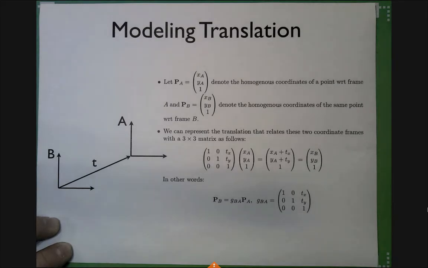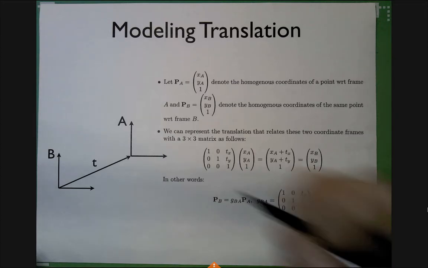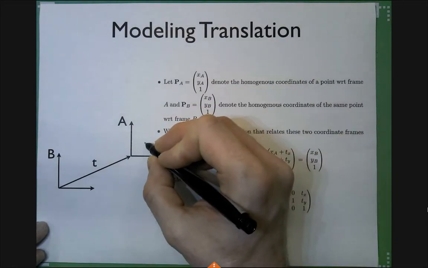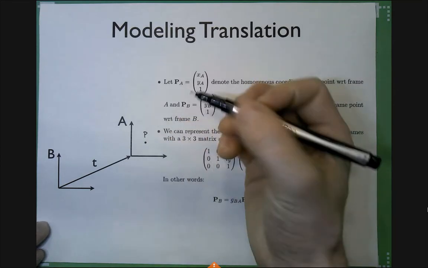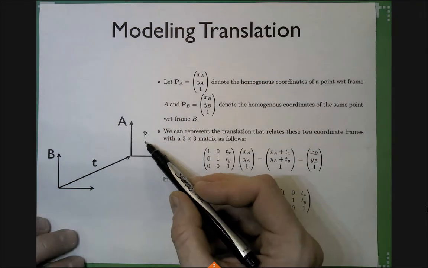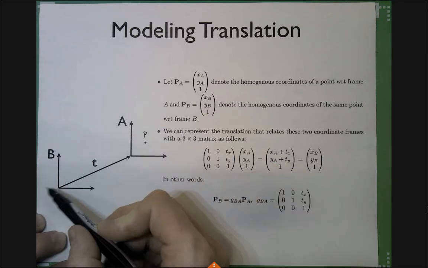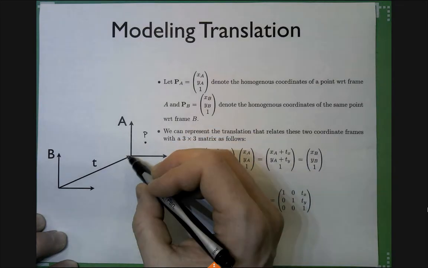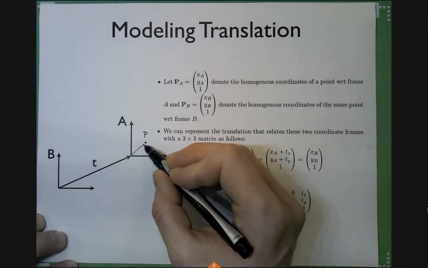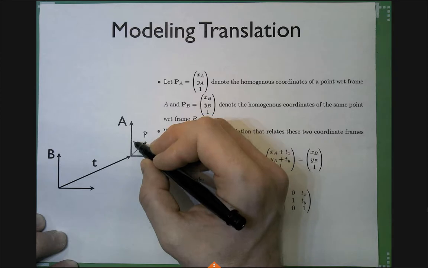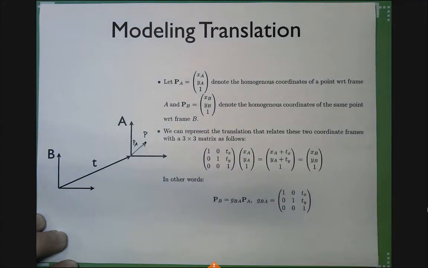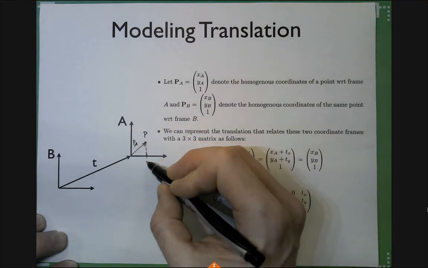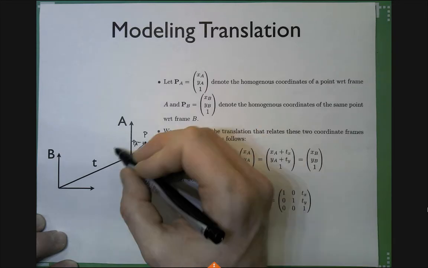Let's see, I might have an example too. Let's say I have a point P here. This would be just one point which I'm observing from two coordinate frames. So in frame A, the vector representing P would be PA, with some XA here and YA here.